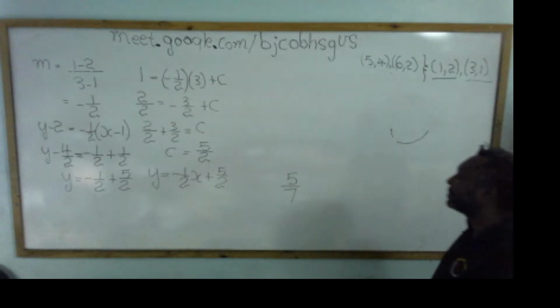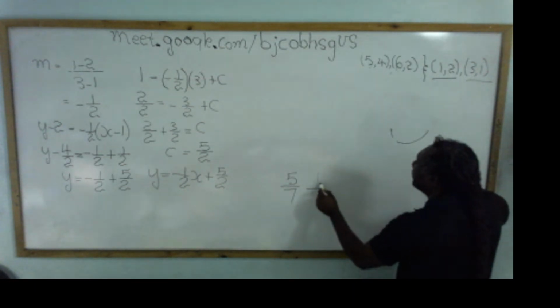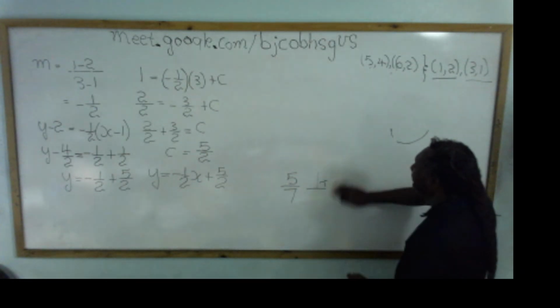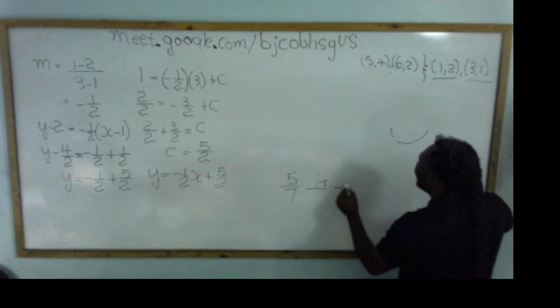No problem. So the one that is perpendicular to it, when you multiply by this one, you will get what? A negative 1. Therefore, the gradient for the next one has to be negative 7 over 5.